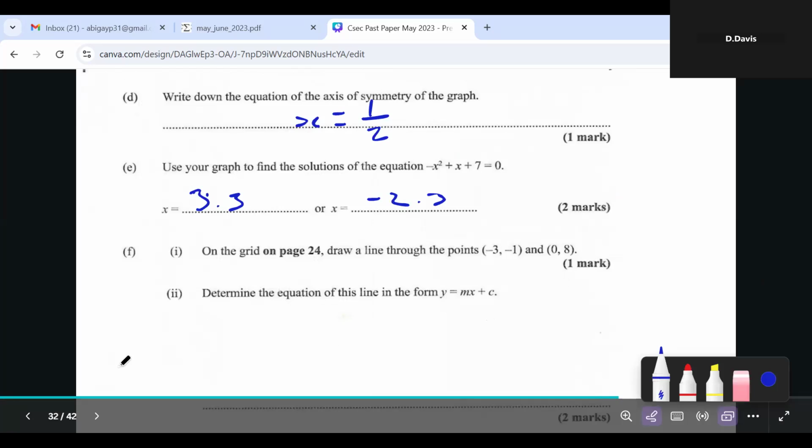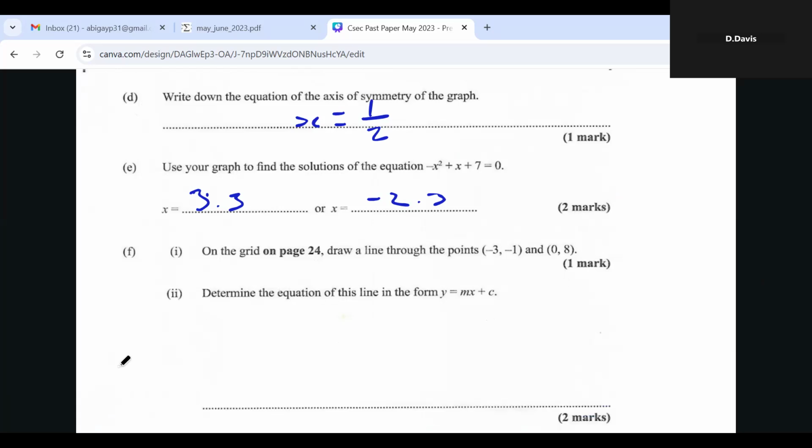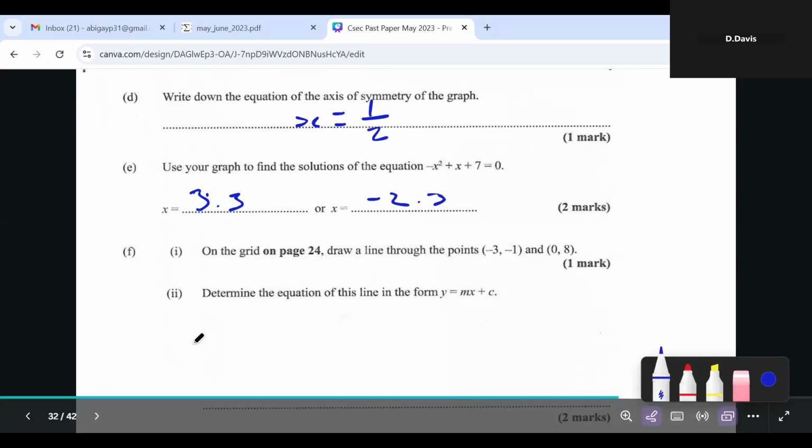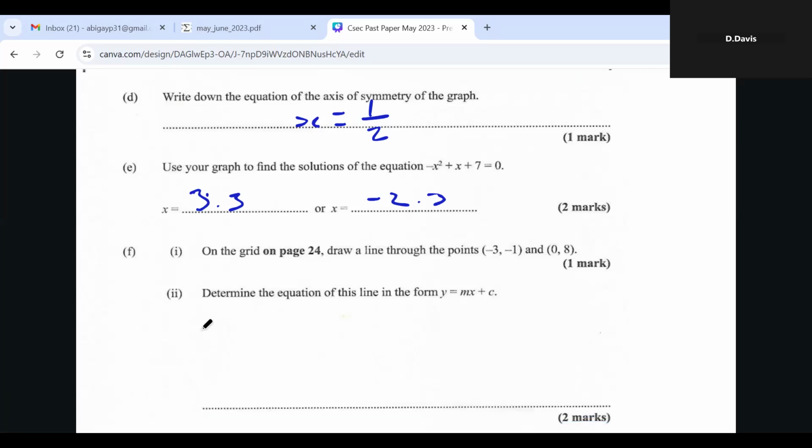You first have to find what m is and what c is. That's all it's asking you to find. So m is the gradient, and this is the formula.